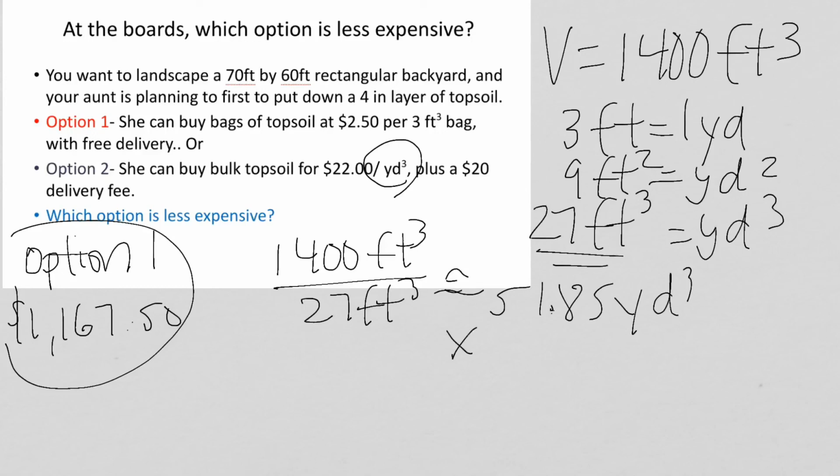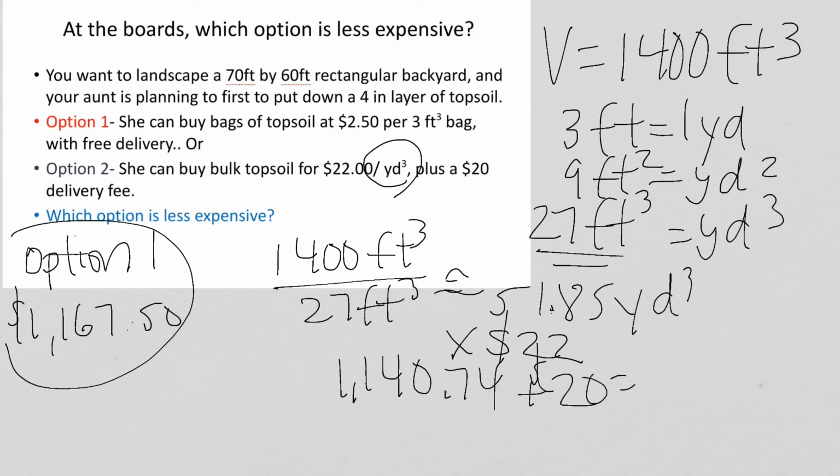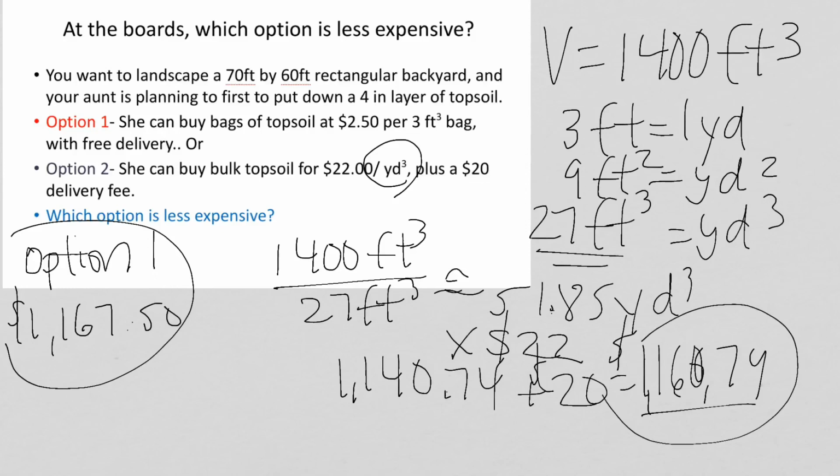Now if I multiply that by the amount, $22, I get that to be about $1,140.74 plus the $20 delivery fee, which comes to a total of $1,160.74. So not much of a big difference, $7. So she would choose option 2.